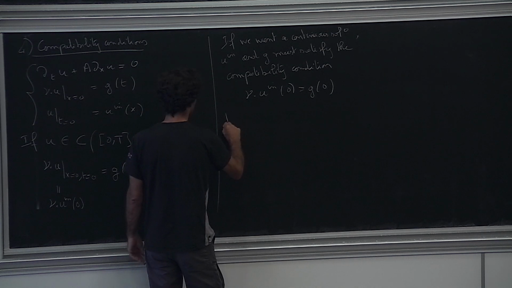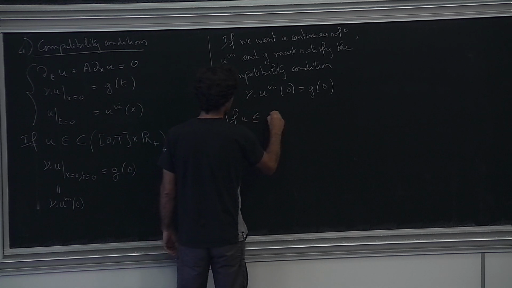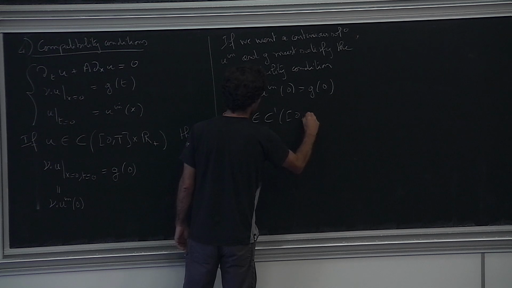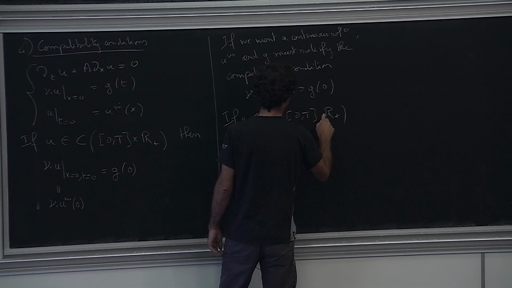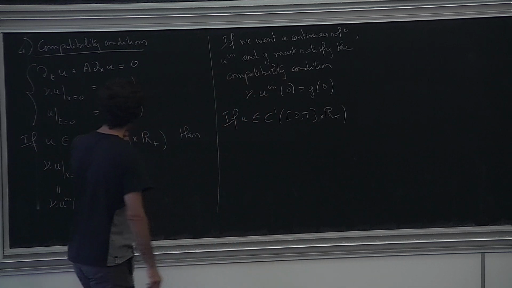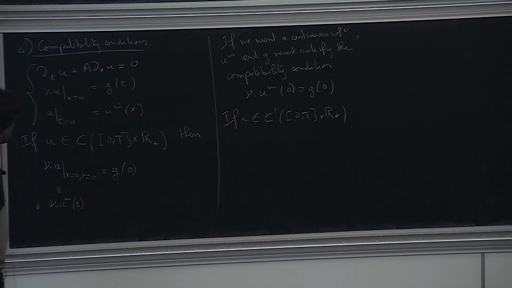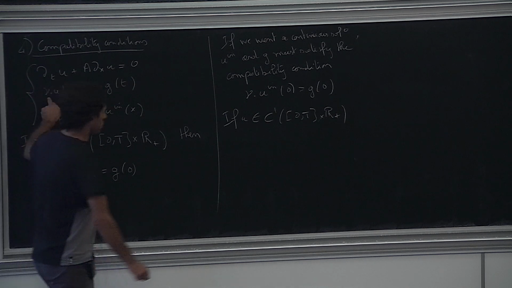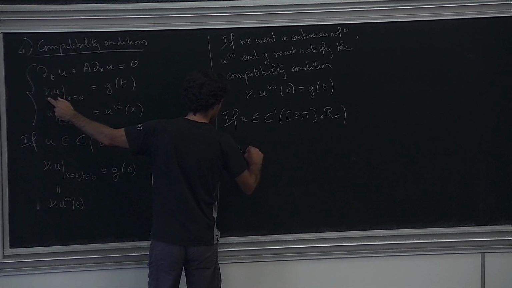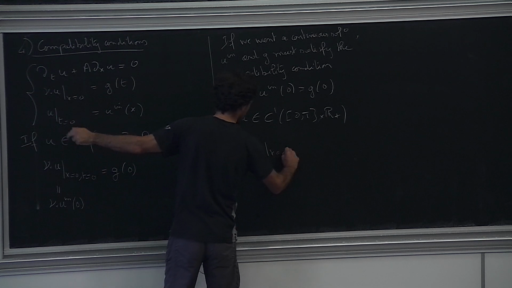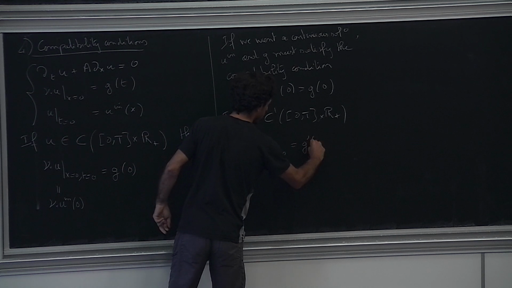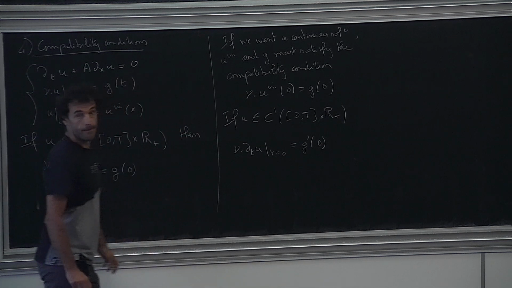If you want u to be in C1 of 0t cross R plus, then we should have that nu of dtu at x equal to 0 should be equal to g prime of 0.